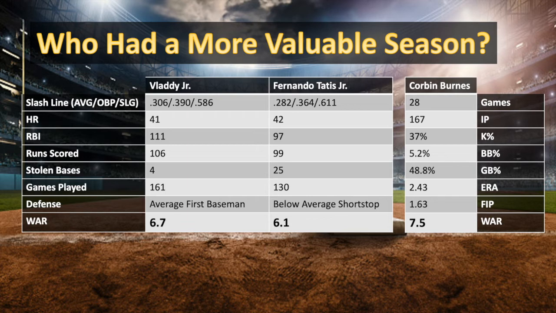But if you're talking about who provided the most value to their team, it's either Corbin Burnes or Vladdy. And WAR's not perfect, so I would probably take Vladdy in a future season because I think Corbin Burnes maybe played above his head last year. But if you're asking me who had a better year in 2021, I would say Corbin Burnes did, based on that 7.5 WAR that he accrued over the year.